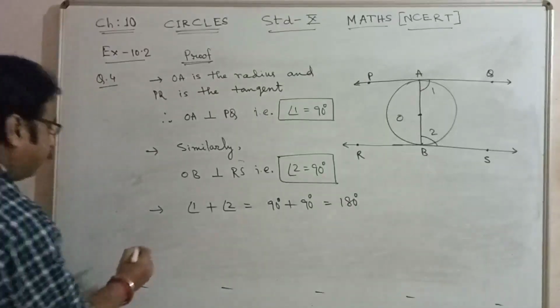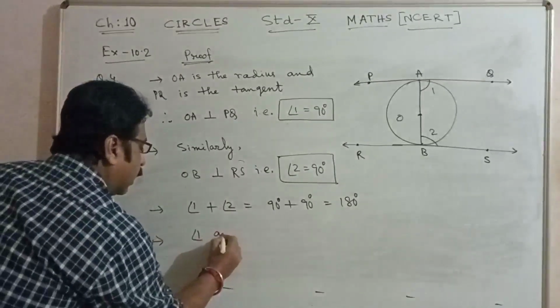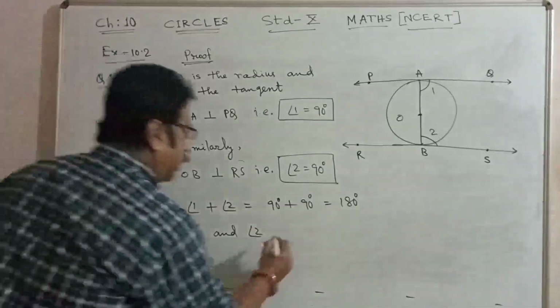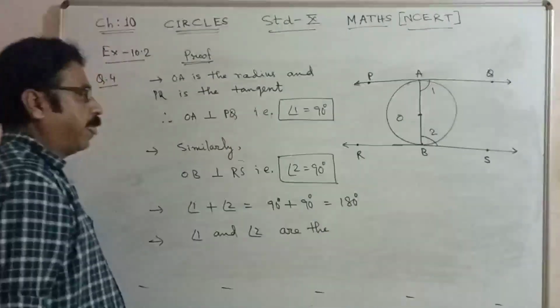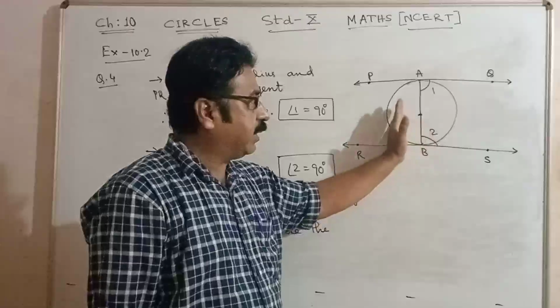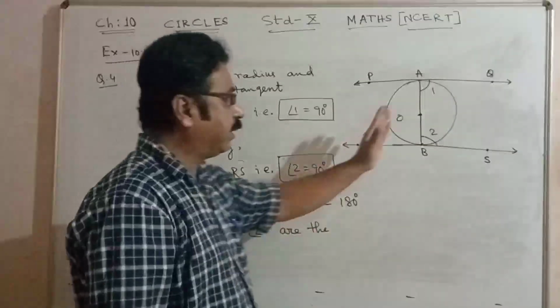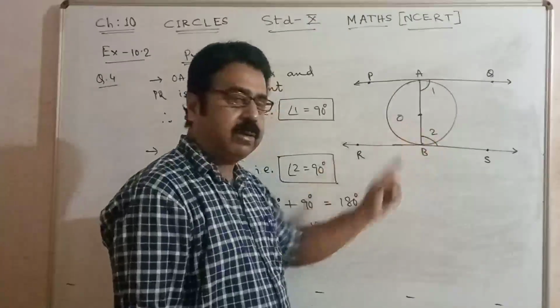Now give the description. Angle 1 and angle 2 are the co-interior angles on the same side of the transversal, or interior angles on the same side of the transversal. Simply you can write co-interior angles.